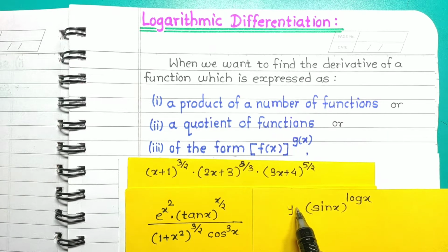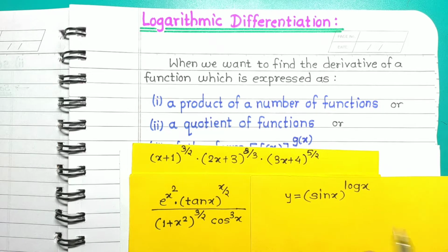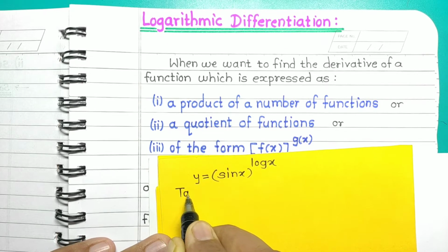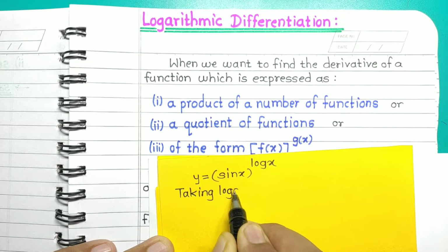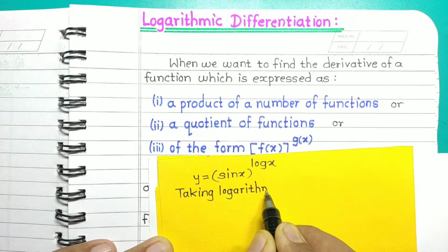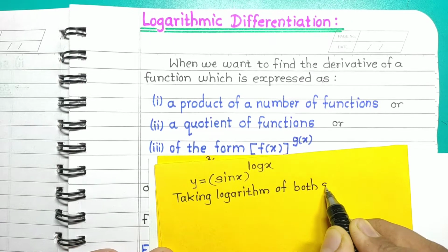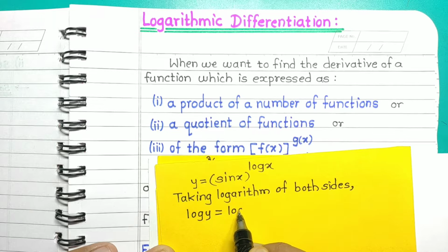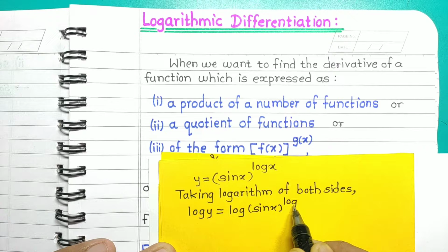Let's consider this function as y, and we take the logarithm on both sides of this function. Here we take natural logarithms. Taking logarithm of both sides, we get log y is equal to log of (sin x) raised to log x.